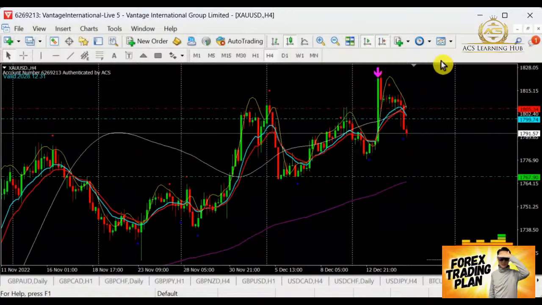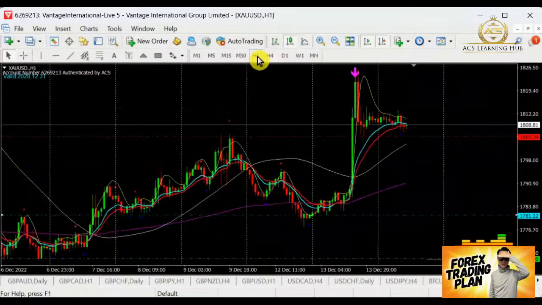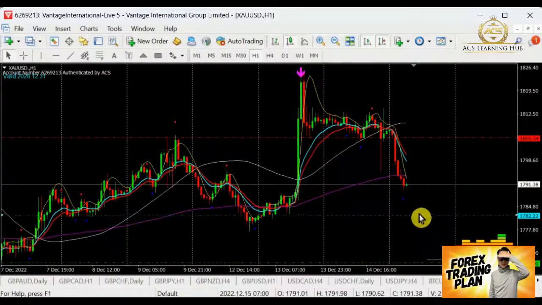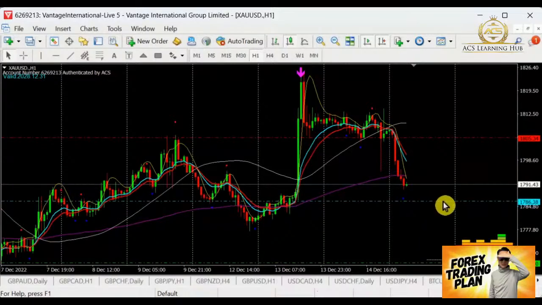At the moment, because of the interest rate, starting from this point, gold realizing value will be highly possible. From 1799, I'm looking at the area here. Let's take a look. I'm looking at 1781. Sorry, not 1781. The price I'm looking at is 1786.